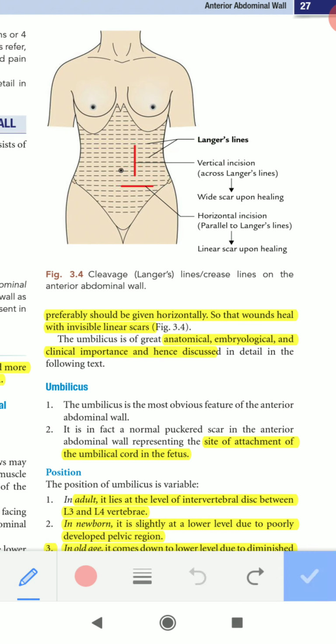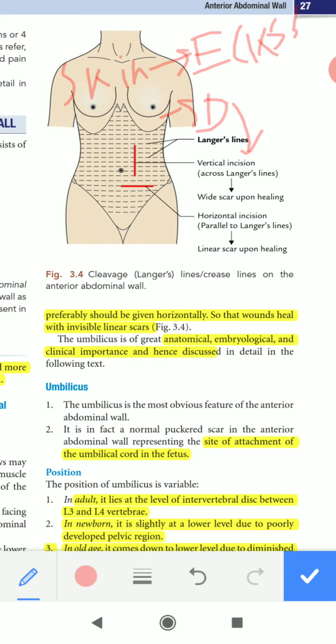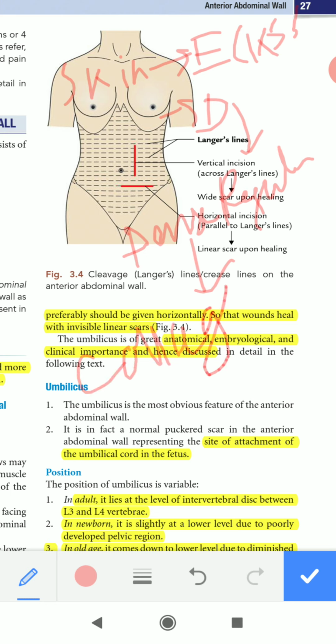We know the skin has two layers, epidermis and dermis. The epidermis is lined by keratinized stratified squamous epithelium, and the dermis is composed of dense regular tissue. Here in the dense regular tissue, the main component is the collagen fiber.